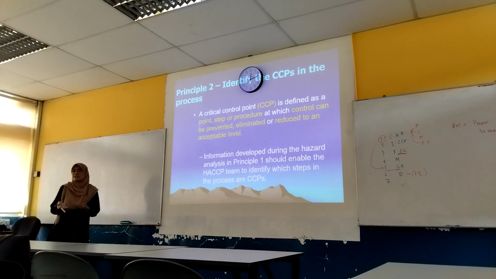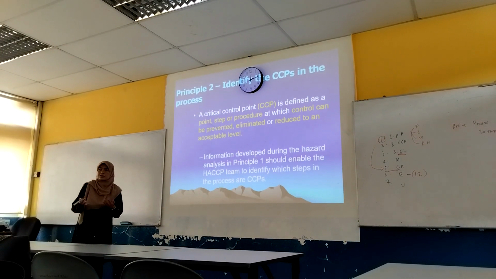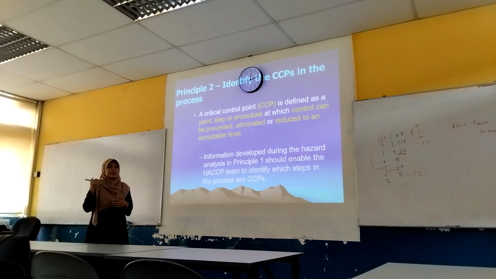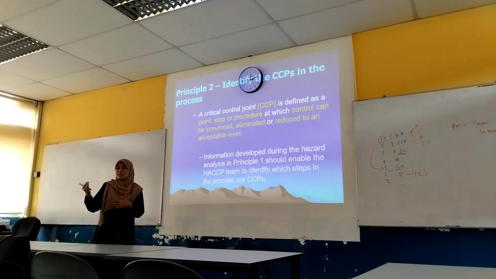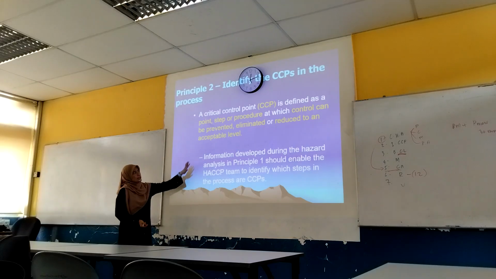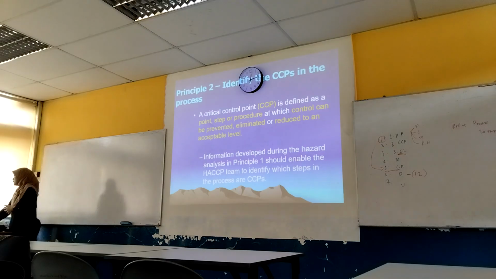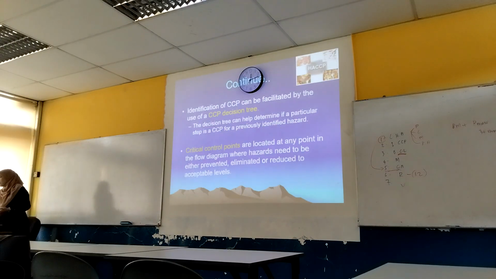For example, cooking is a CCP, freezing is a CCP, pasteurization, sterilizing, anything related to metal detecting, are CCPs because they contain hazards. If we just release the hazard, it will probably cause risk or severity to human health. So we can use the decision tree to identify whether it's a true CCP or not.